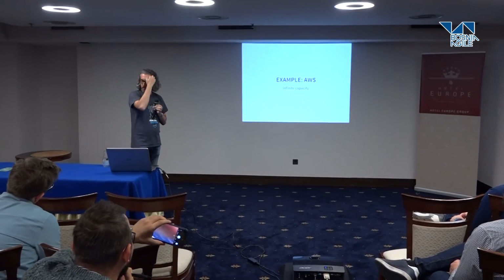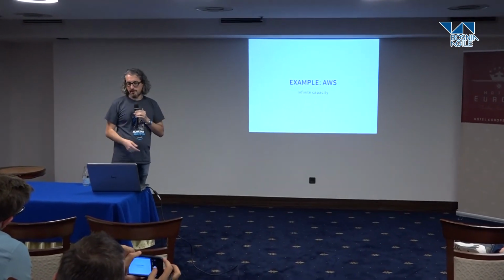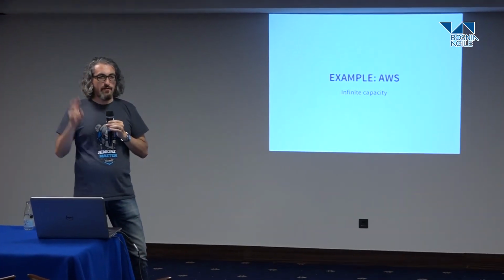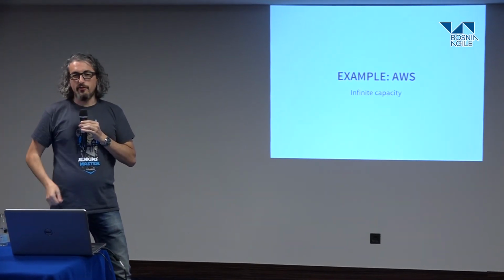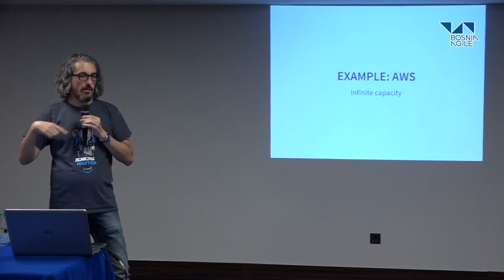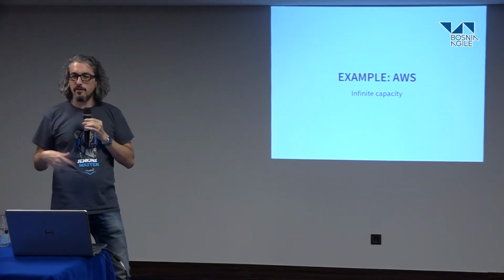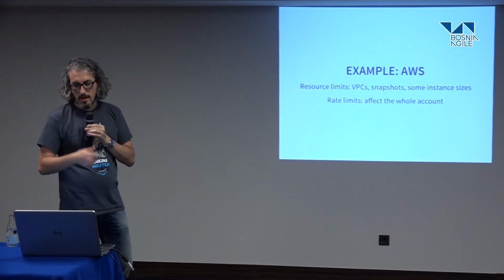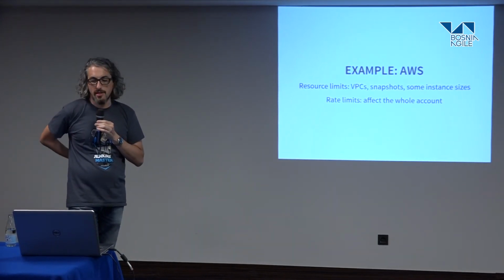An example of things we have done in the past, like using AWS, where you supposedly have infinite capacity, right? You just request servers, and Amazon will happily build you for those servers and give them to you. Well, not always. We realized that in Amazon you have resource limits.